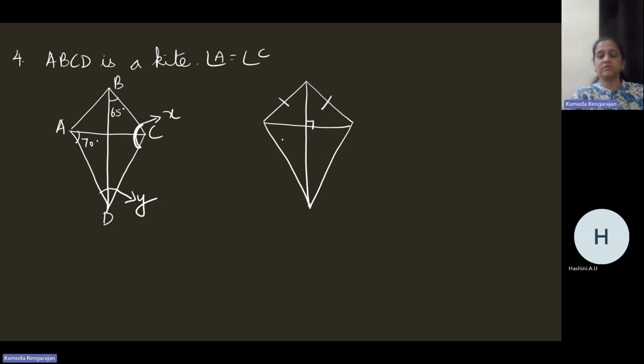I'm not telling you the answer, I'm just helping you recall the properties. These two sides are equal, so this angle is equal to this angle. If this is x, this is also x. This side is equal to this side, so if this is y, this is also y. So x plus y, this is also x plus y, so these two angles are equal.